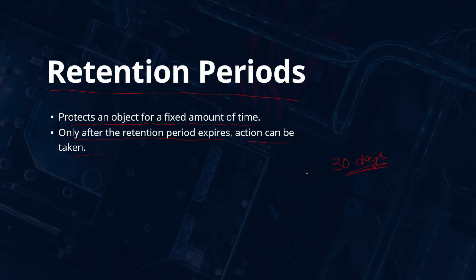That means that object cannot be deleted, overwritten, or any action taken on that specified object for a 30-day period. Once this 30-day period is completed, that is when any action can be taken on that specified object. And this retention period is the same for both of the object lock modes that we have, that is the governance mode and compliance mode.